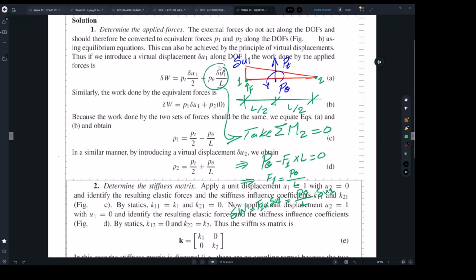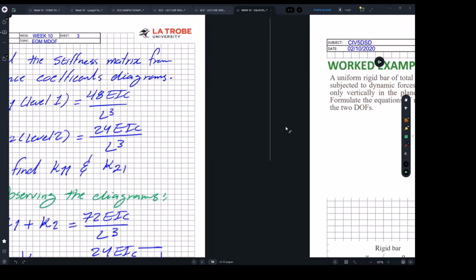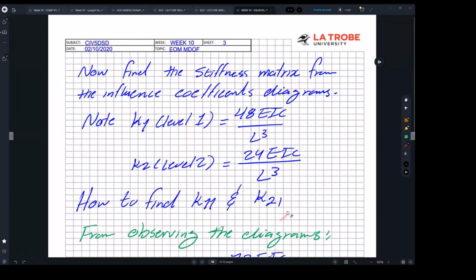Whatever we did here, we're going to apply for both points, because we're using the influence line, by the way. What we did here is use the influence line method, which took you through here.